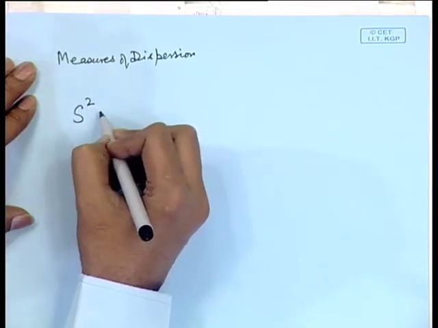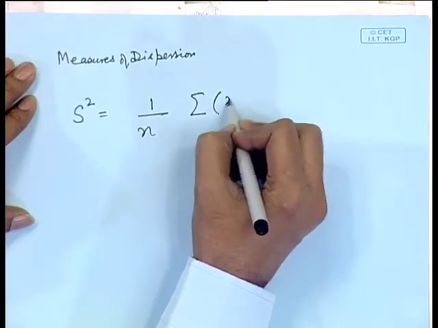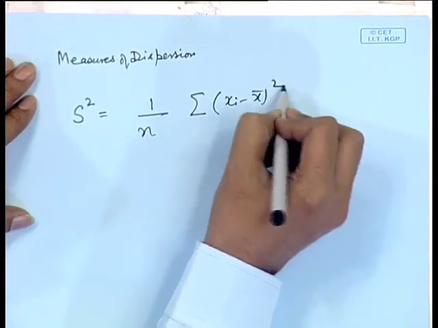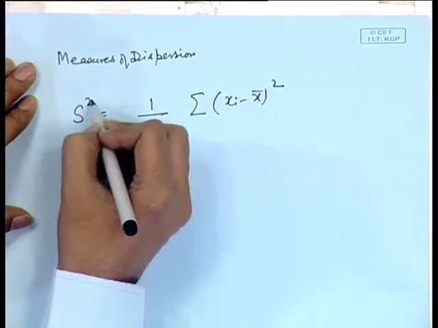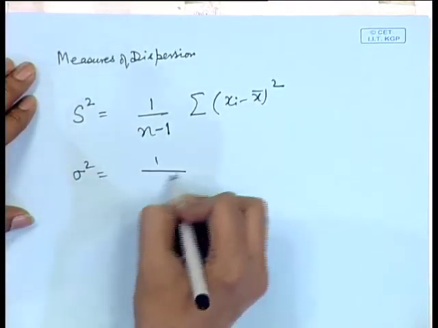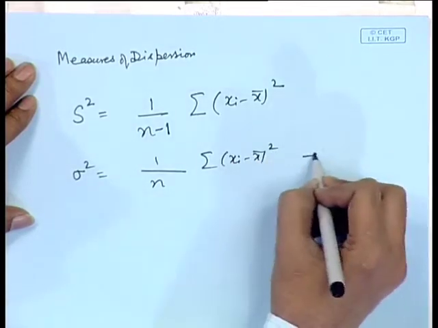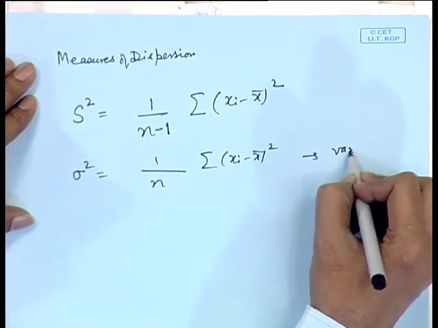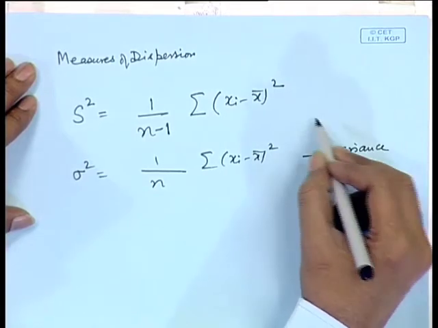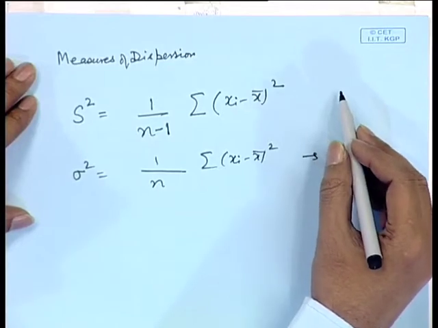We consider 1 by n sigma x I minus x bar whole square. Now, there are different notations for this. We may use 1 by n minus 1 here; sigma square as 1 by n sigma x I minus x bar whole square is known as variance, and this one is sometimes called the sample variance.